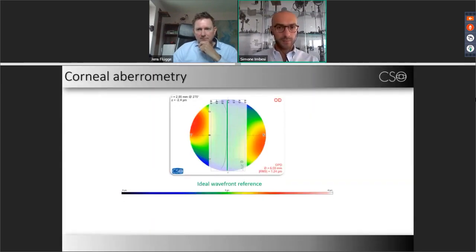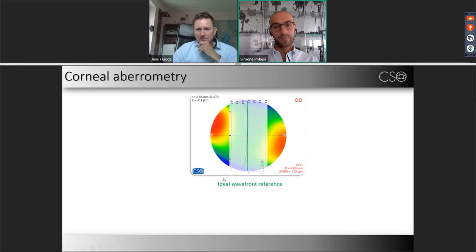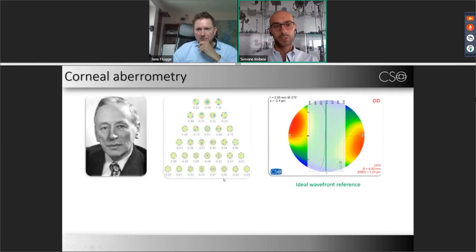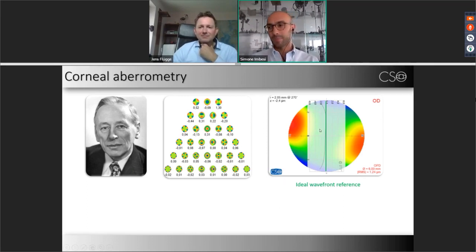This is a typical representation of an OPD map. I like to say, don't be scared about this kind of representation that sometimes could be not so familiar.